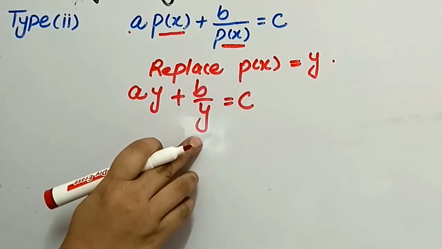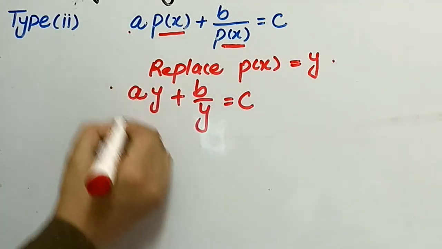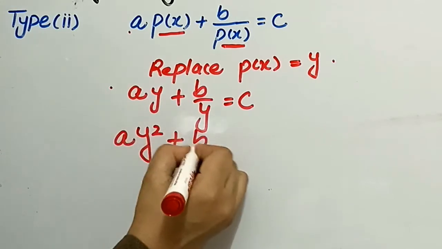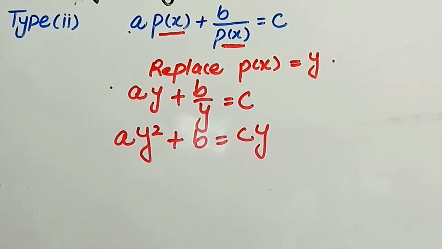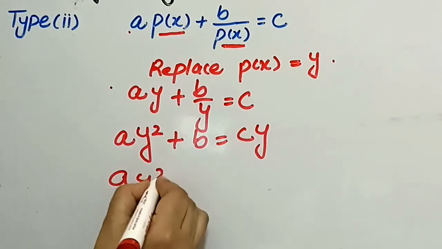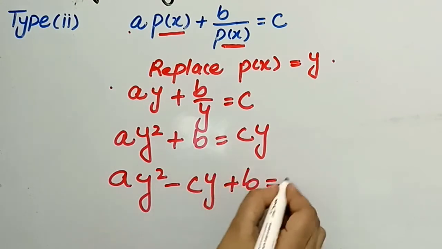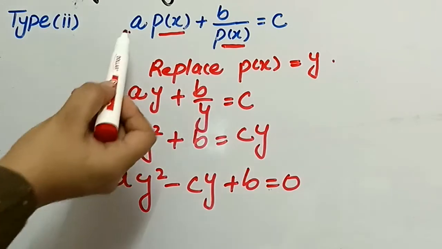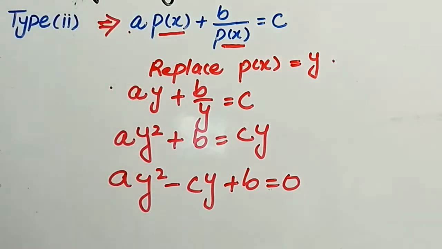By cancelling this y, you have to multiply each term by y, so it will be ay square plus b is equal to cy, and afterwards ay square minus cy plus b is equal to 0. So in this way we have converted this type of equation into the standard form of the quadratic equation.